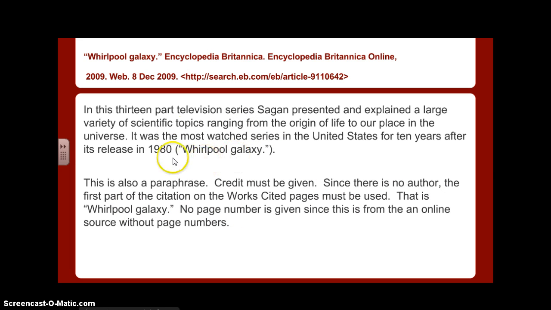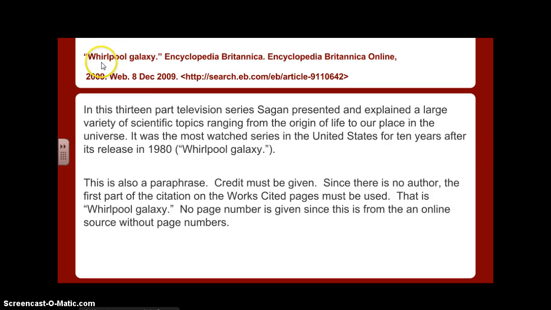Now note, no period here, parenthesis, and then I need to state this exactly as it is. Whirlpool Galaxy, there was a period there. Normally you're not going to have one. It's only here because it was there. Quotation mark, no page number, one was not given, and parenthesis, and yes, period has to go here.